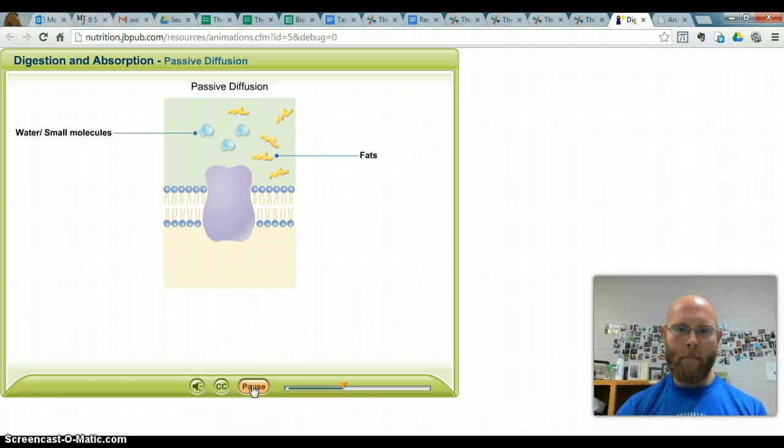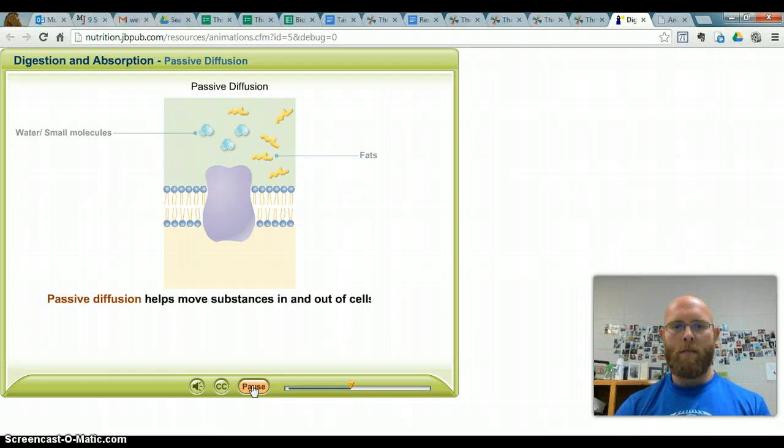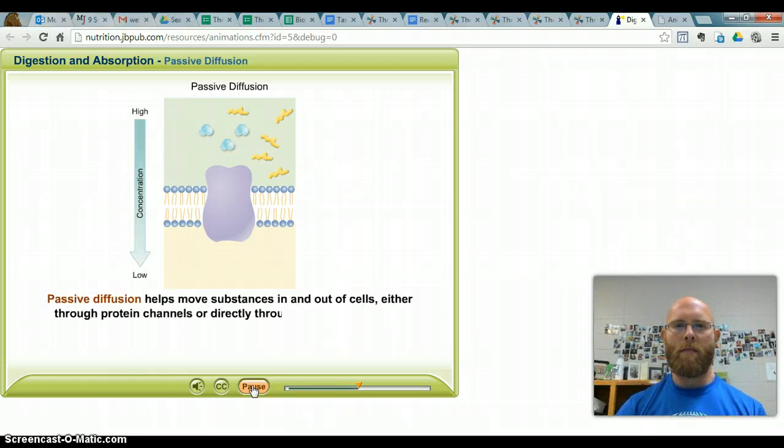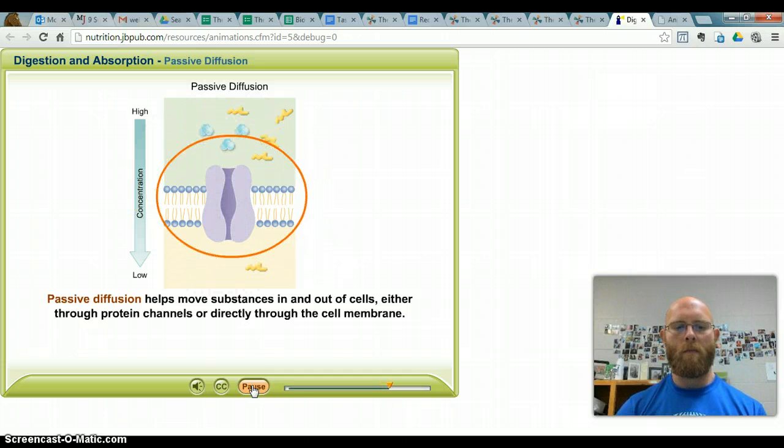In a process called passive diffusion, these substances move from an area of high concentration to an area of low concentration, either by diffusing directly across the cell membrane or through a protein channel embedded in the membrane.